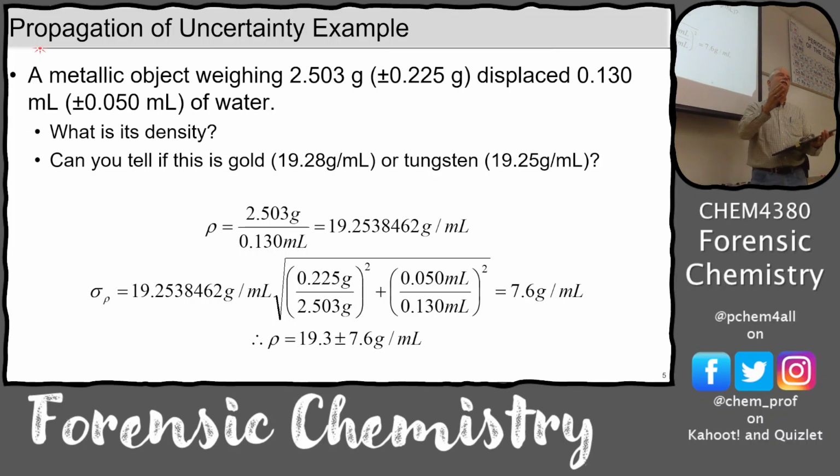If they go to thousandths, they both have to go to thousandths. And we want to keep a maximum of 2 digits of uncertainty. So those are best practices. And so now we have a problem. It's 19 plus or minus 8, or 19.3 plus or minus 7.6. And so we can't tell the difference between gold and tungsten at all.